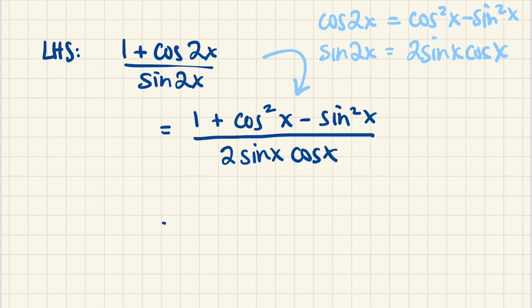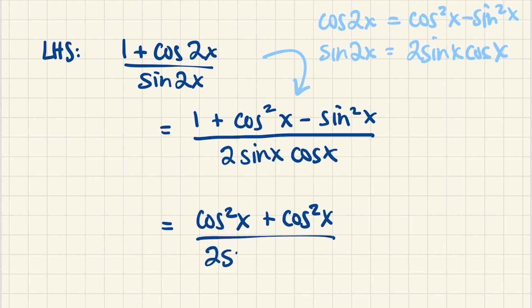Okay, so yeah, well, looking at the numerator, we have a 1 minus sine squared. So that is indeed cosine squared. So what we have is cosine squared plus cosine squared over 2 sine x cosine x.